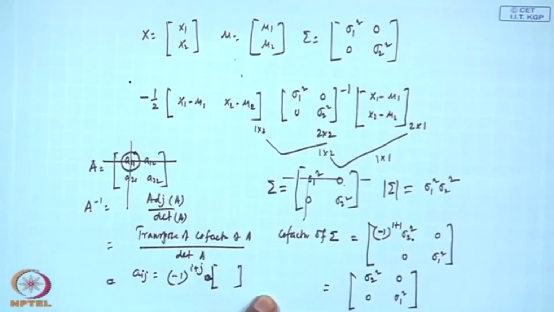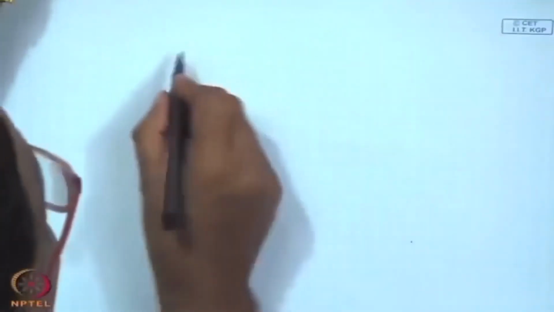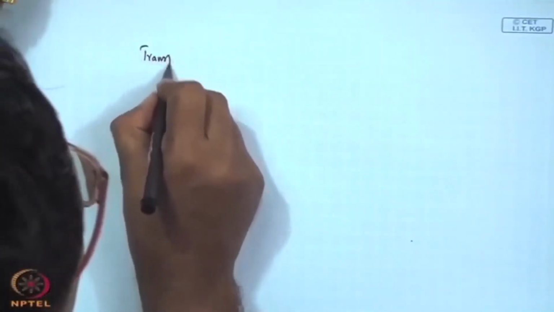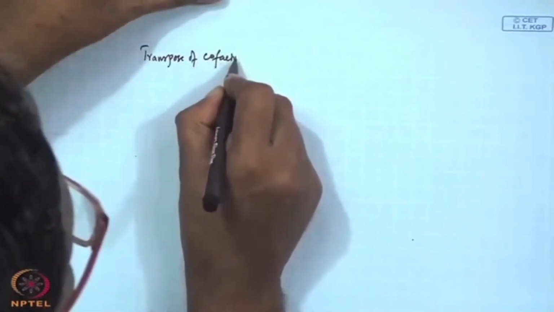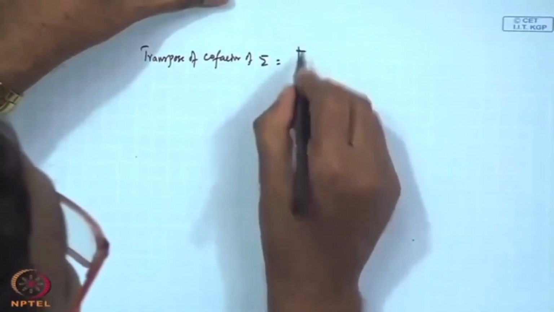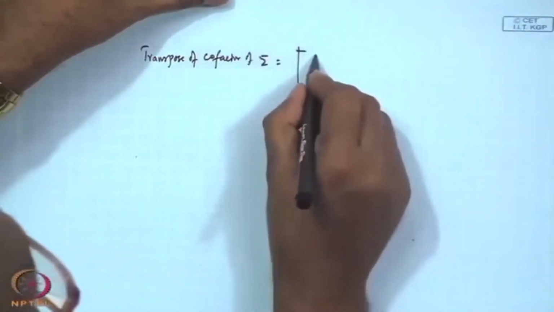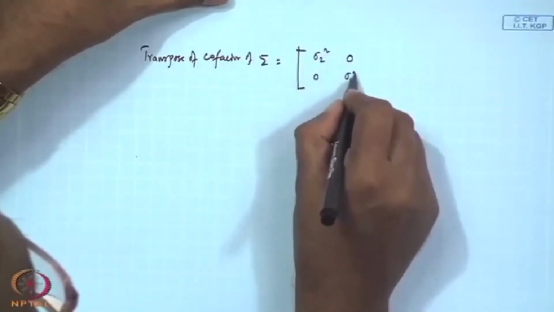What will be its transpose? Same, because these two elements are 0. So the transpose of the cofactor matrix is again the same thing, because rows and columns are interchanged and it is symmetric: sigma 2 square, 0, 0, sigma 1 square.